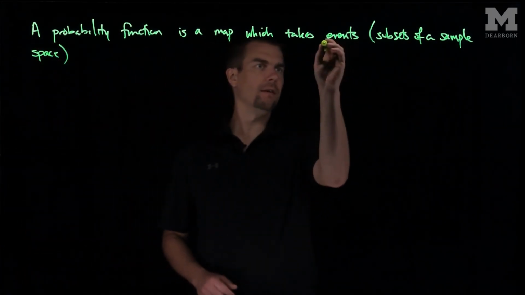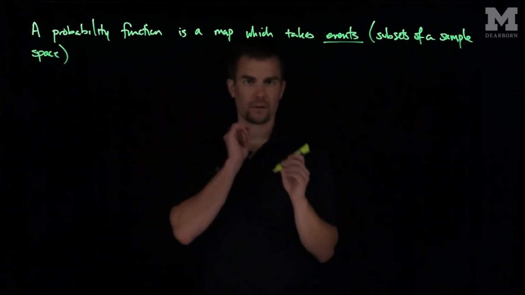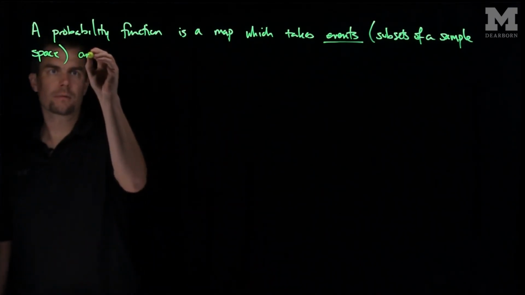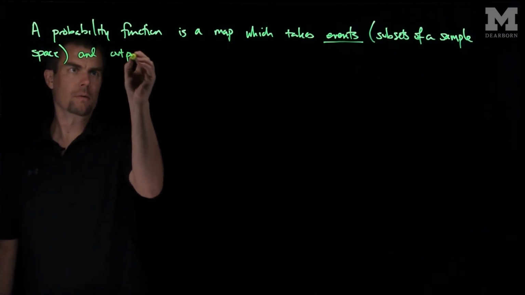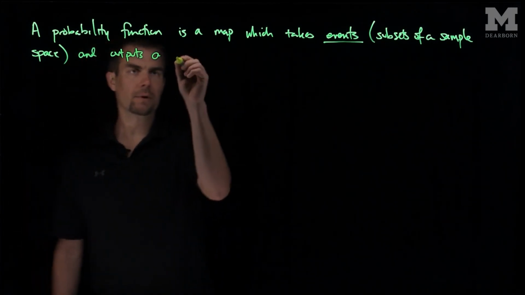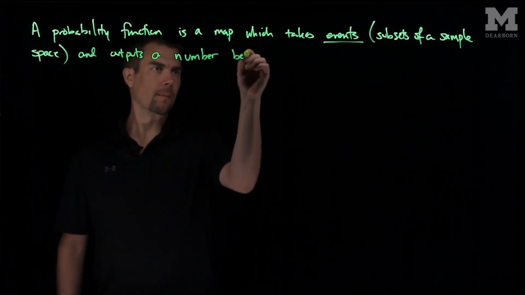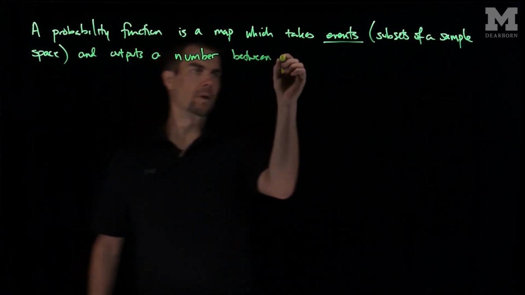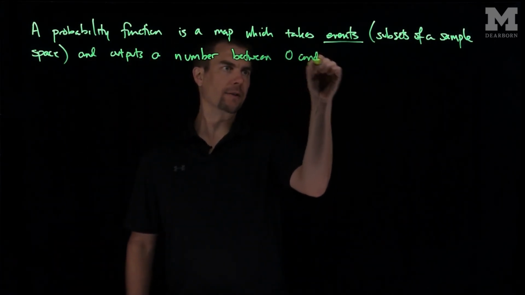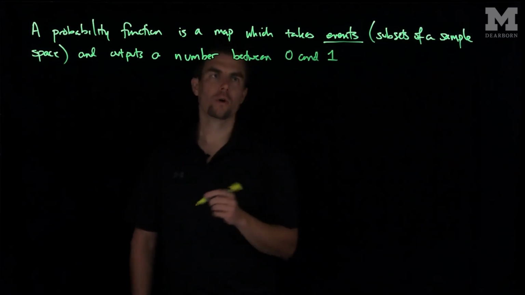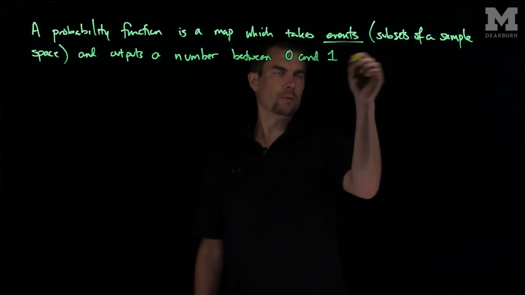It takes in events, so you're going to input events to a probability function, and it outputs a number between 0 and 1 with the following conditions.